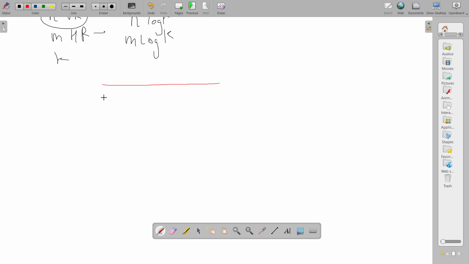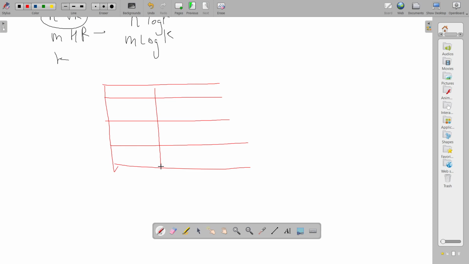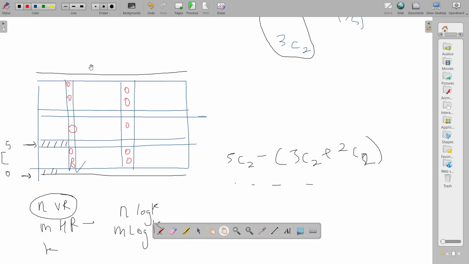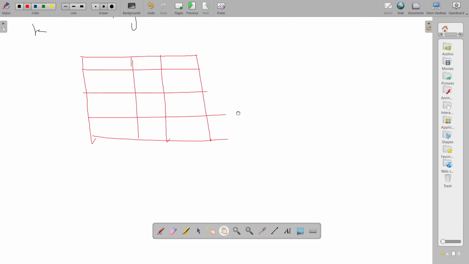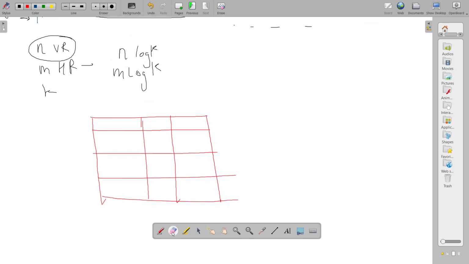So these are my roads. Suppose the roads don't have any width. I'm showing roads with some width only for explanation, but the roads don't have any width.